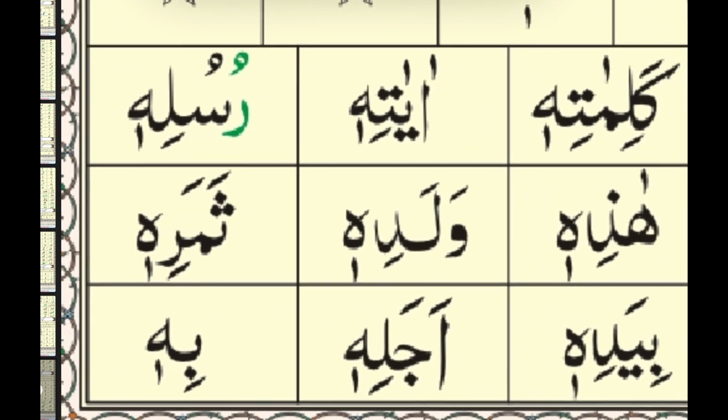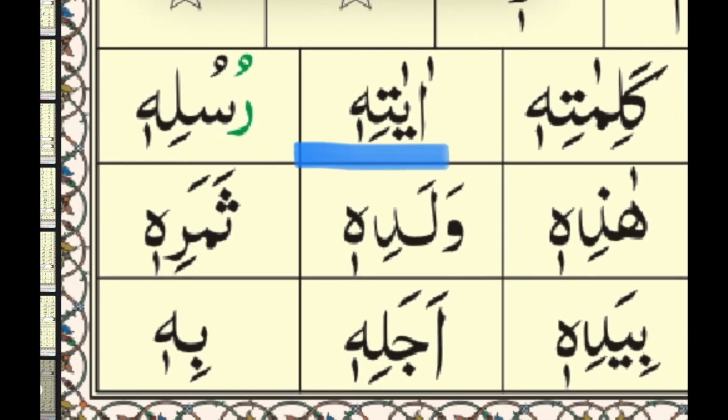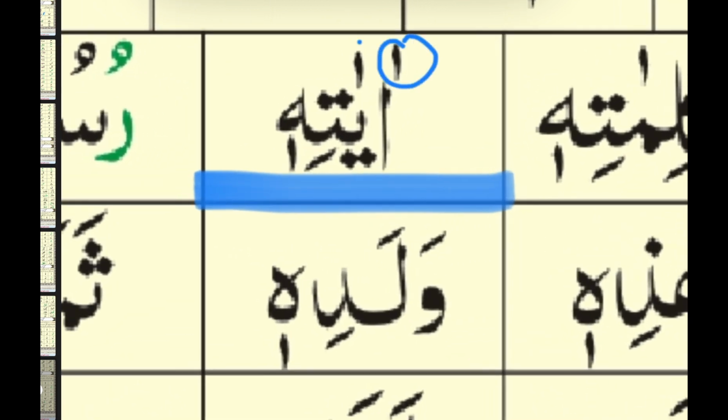Now let's move further down. Here we have multiple ones, one, two, and three. However, this one will only be less than one haraka. The one I've circled in blue will be two. So let's see. Ayatihi.